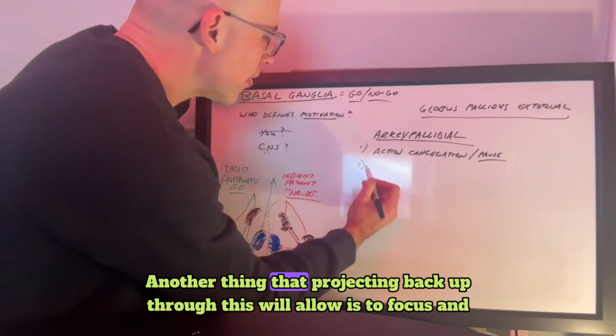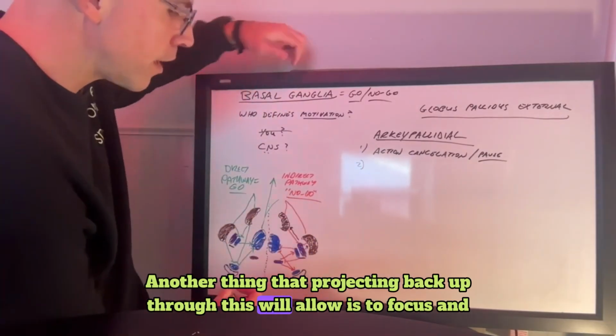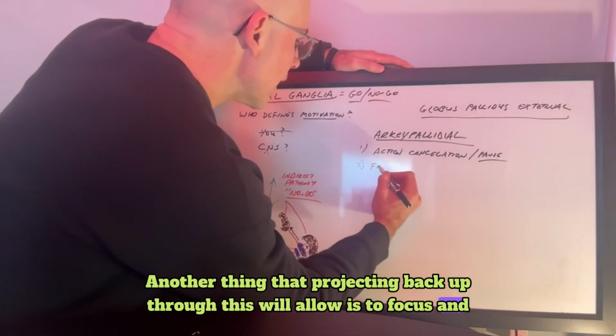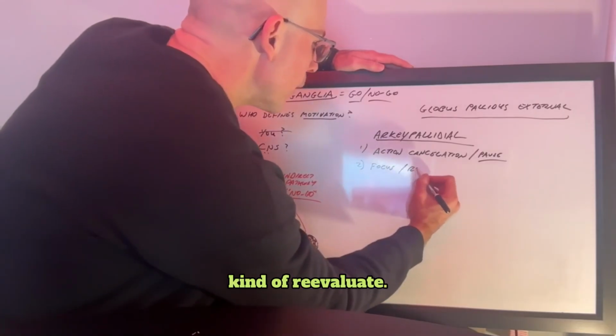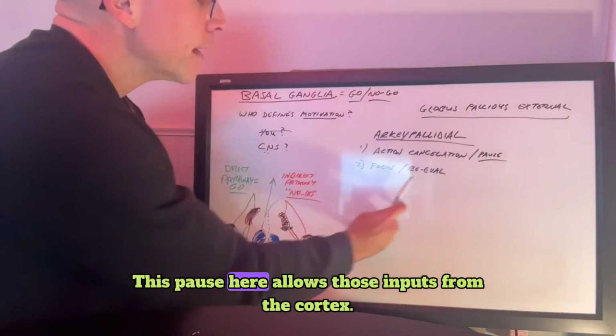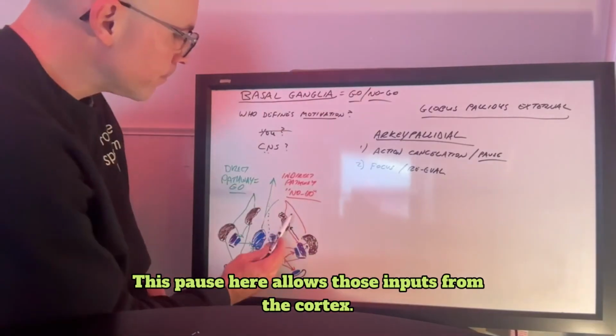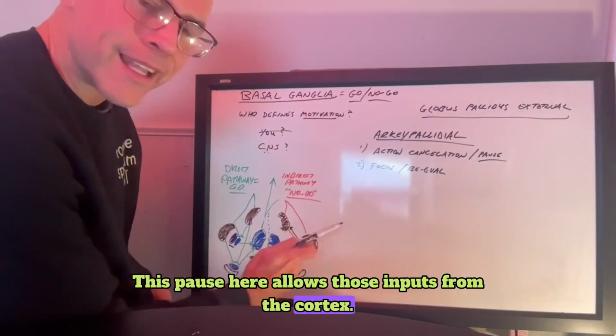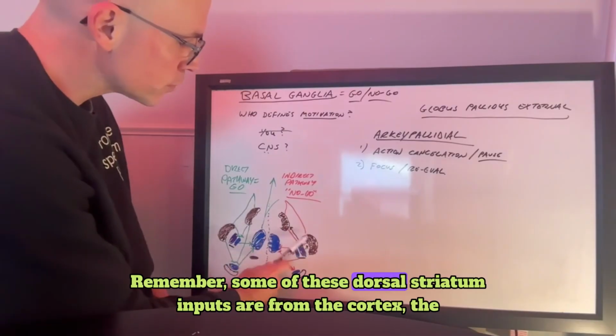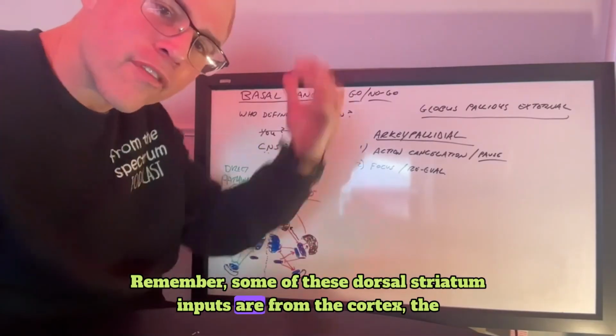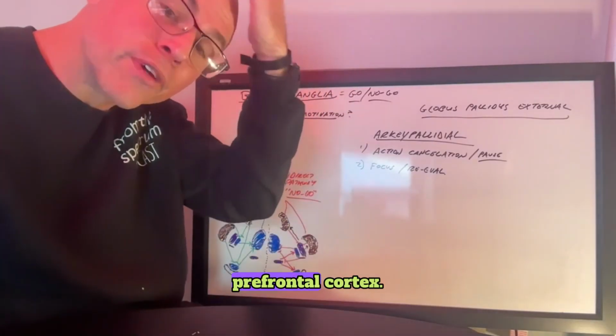Another thing that projecting back up to this will allow is to focus and kind of reevaluate. This pause here allows those inputs from the cortex. Remember, some of these dorsal striatum inputs are from the cortex, the prefrontal cortex.